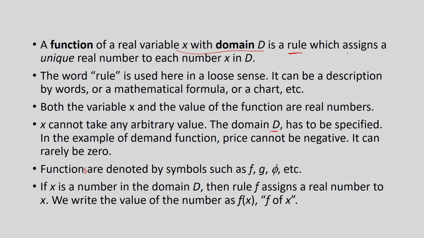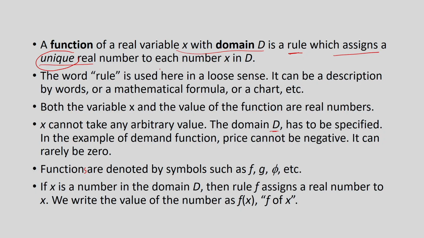It assigns a unique real number, that is also important. I have used italics here to emphasize the fact that f cannot give you two or 3 values with respect to a particular value of x. It has to give a unique real value for any real value of x.